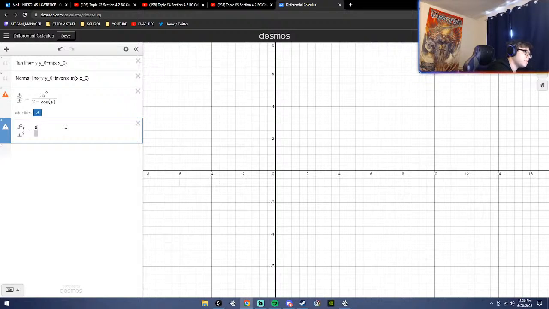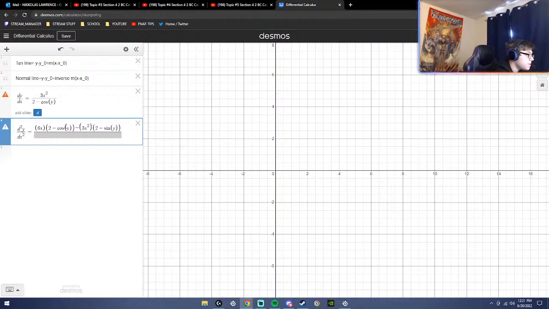No, actually, let's put in parentheses for correct notation: 6x times 2 minus cosine of y, minus 3x squared of 2 minus sine of y.